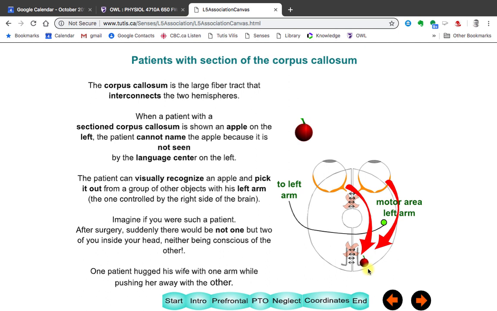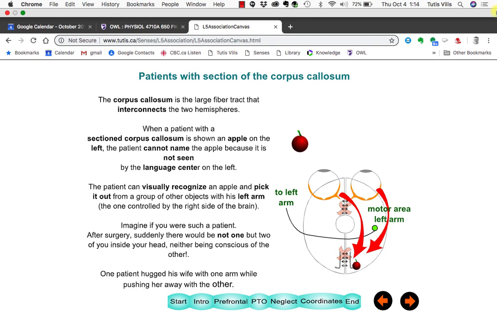So if you've got a very severe case of epilepsy, if you cut parts of the corpus callosum, you limit the spread of the epileptic activity to one side. You don't let it spread to the other, and that causes the epilepsy to be much less severe. But what happens in patients that have their corpus callosum cut?